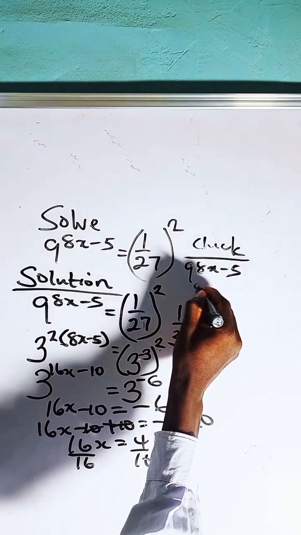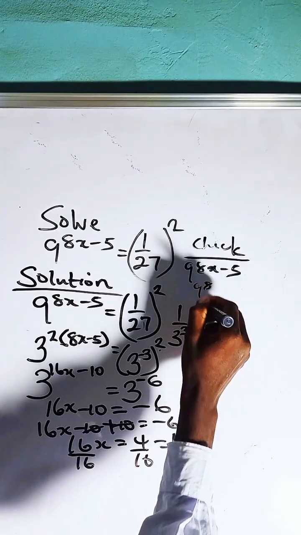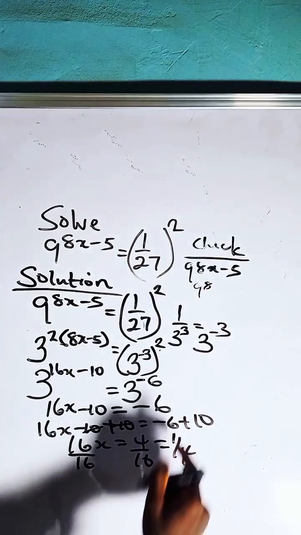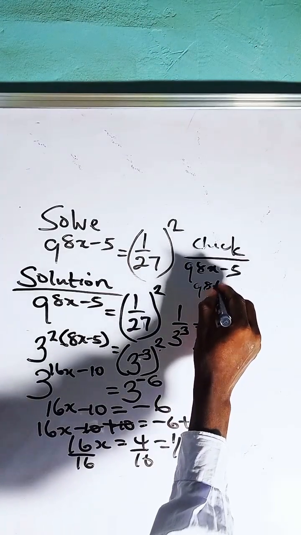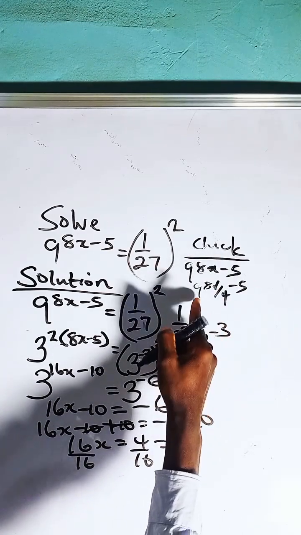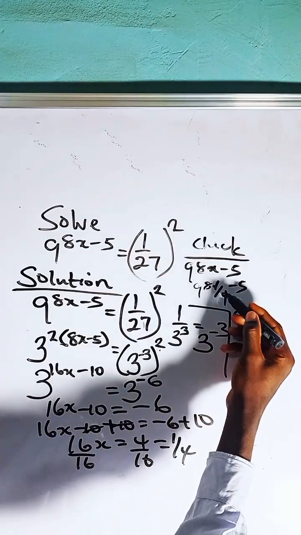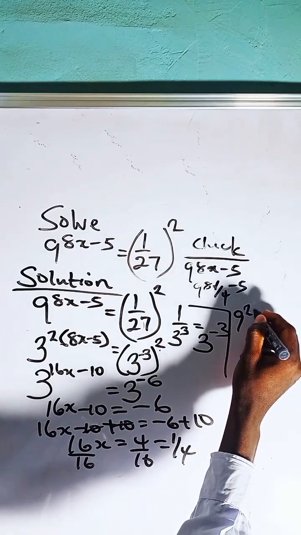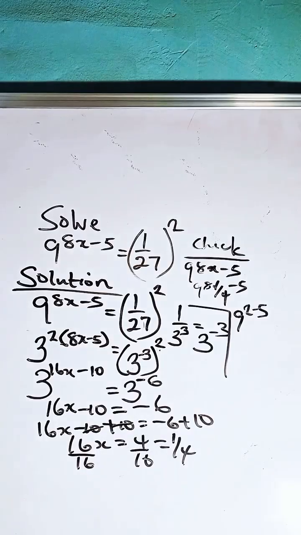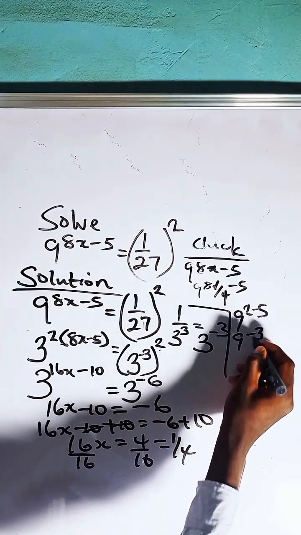So we have 9 to the power 8 times x, which is 1/4, minus 5. Here this will simplify: we have 2 minus 5. So it is 9 to the power minus 3.